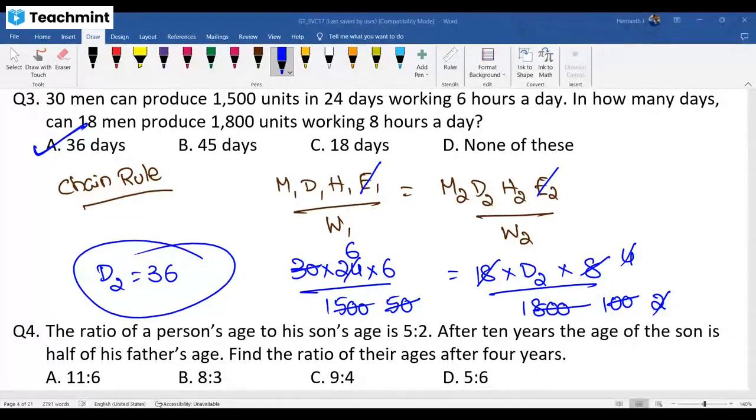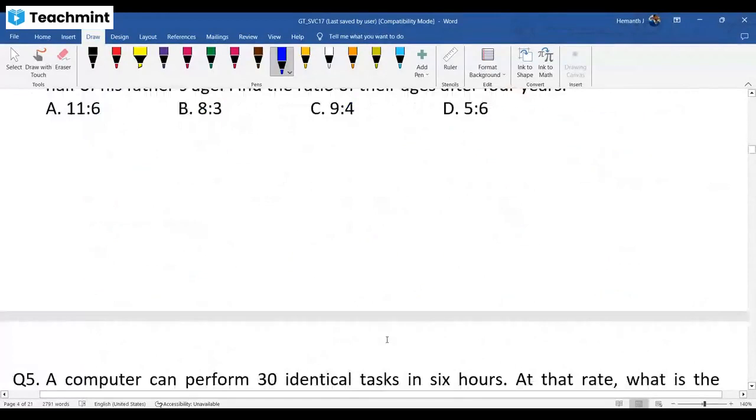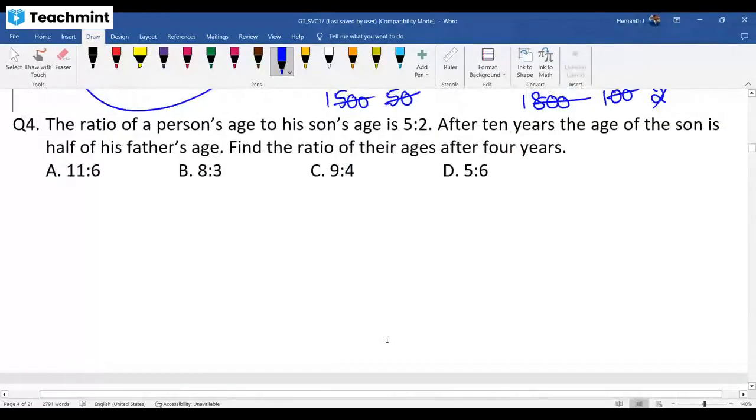Next question is related to ages. What they have given here: they mentioned the person's age to his son's age. After 10 years, the age of the son is half of his father's age.